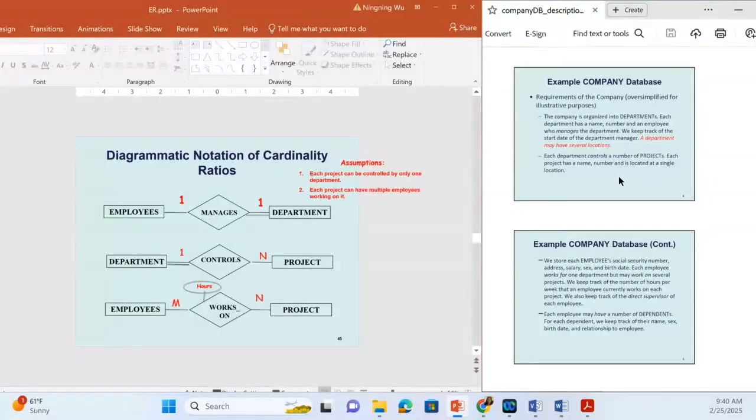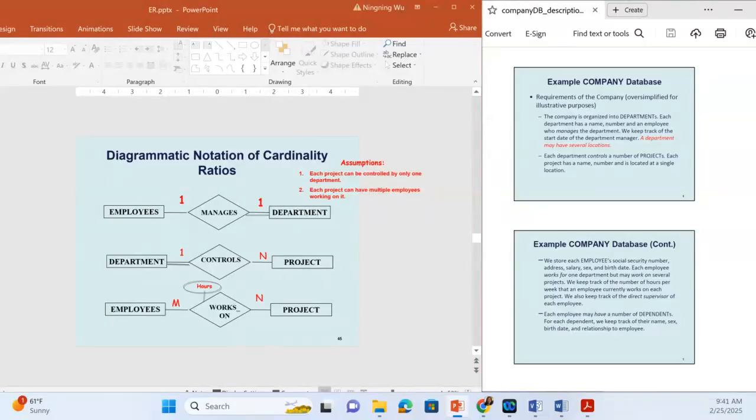So at this moment we have to make an assumption in order to determine the project's participation. The project can have total or partial participation, really depending on the organization's business rules. Some organizations may have a project not controlled by any department, maybe controlled by an employee. In other organizations, every project must be controlled by at least one department.